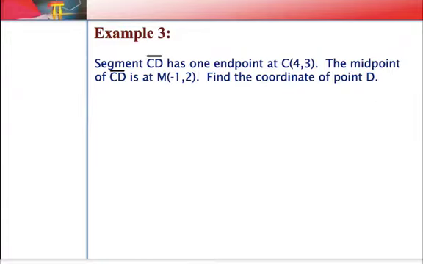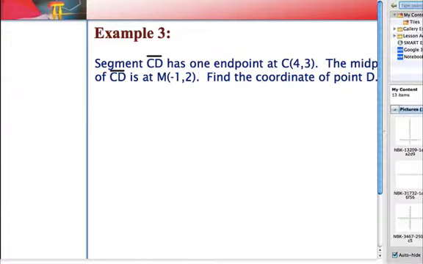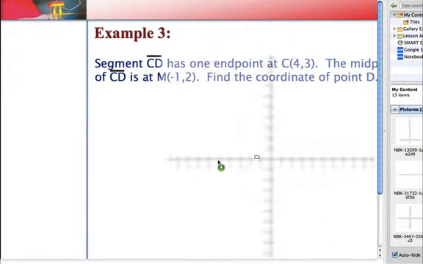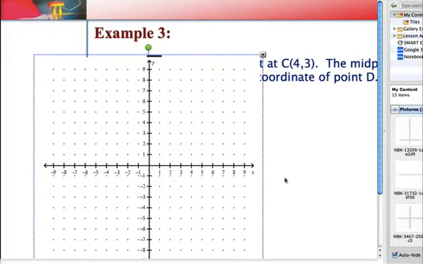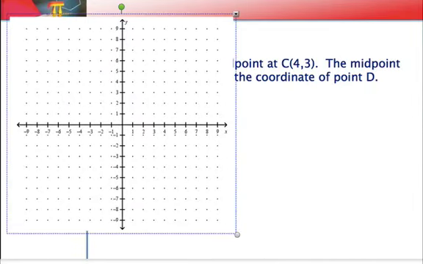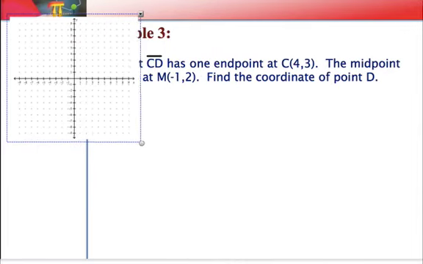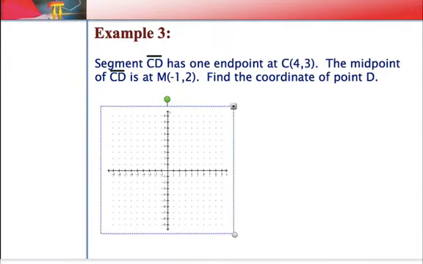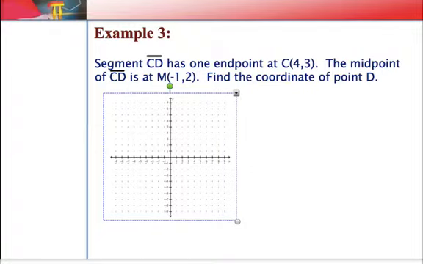Again, let's do the same thing we just did and draw a little sketch. C is at 4, 3. So 4, 1, 2, 3. That's about right here.